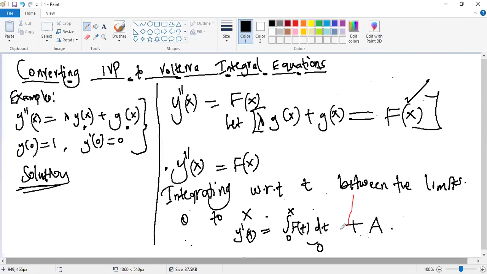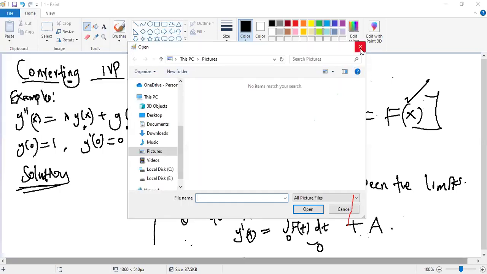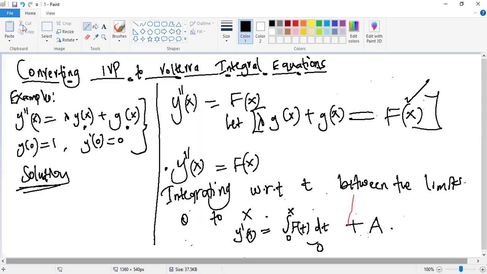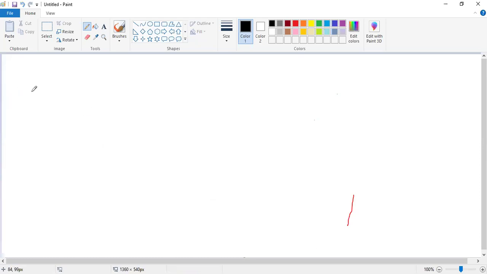Okay. Again, integrating. So we are going to integrate again. Allow me to open another page. I hope you guys have written up to that point. So, integrating again.